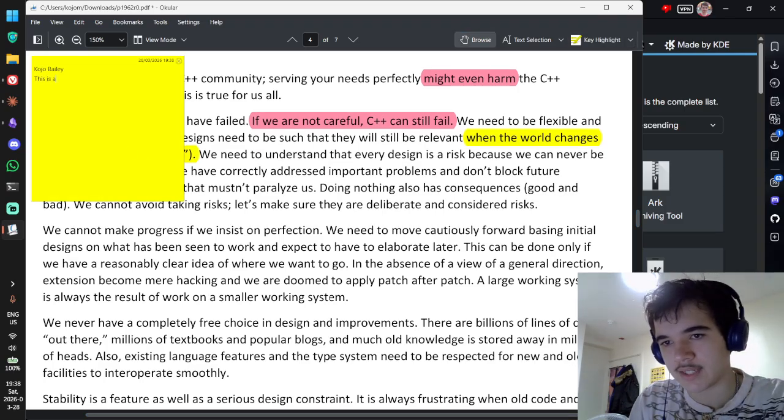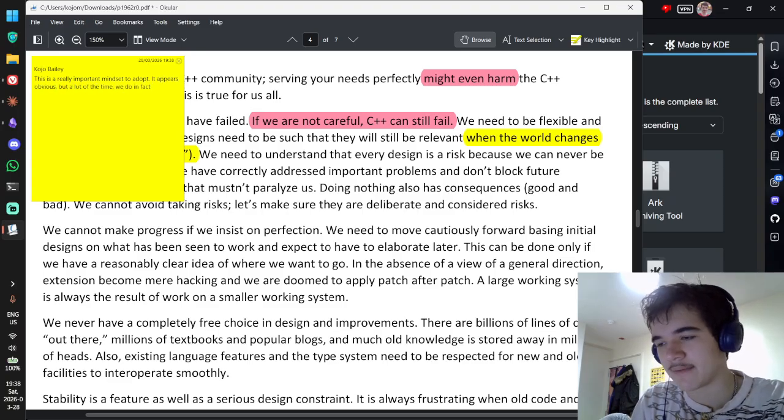This is a really important mindset to adopt. It appears obvious, but a lot of the time we do in fact think of change as possibility rather than necessity.